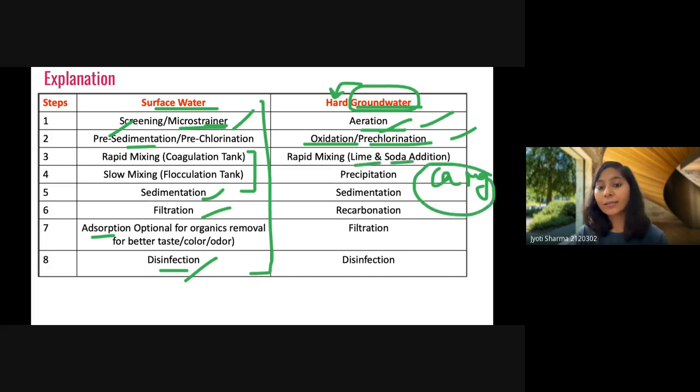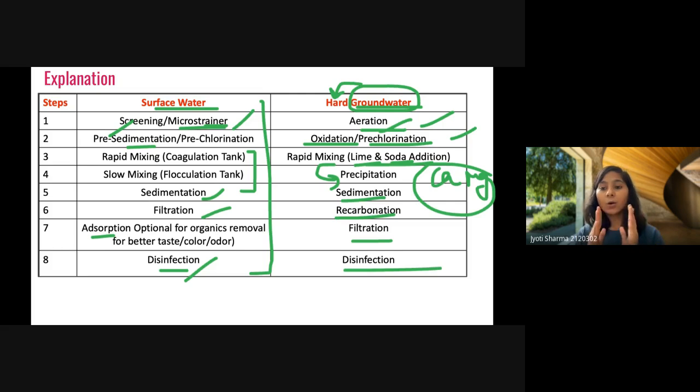We have to add this so that the hardness can be removed. Then, in the form of precipitation, that precipitate will be removed or skimmed out of the groundwater. Then we will have sedimentation. Then we will do the recarbonation, because I have one MCQ on recarbonation. I'm not telling you right now why we are using this recarbonation. Then we have filtration and disinfection.